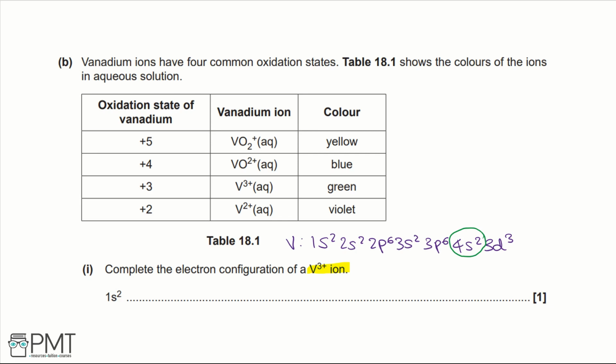That would leave us with the electron configuration for a V3+ ion as 1s2, 2s2, 2p6, 3s2, 3p6, 3d2. To get the mark for this question, you must have the correct complete electron configuration for a V3+ ion: 1s2, 2s2, 2p6, 3s2, 3p6, 3d2.